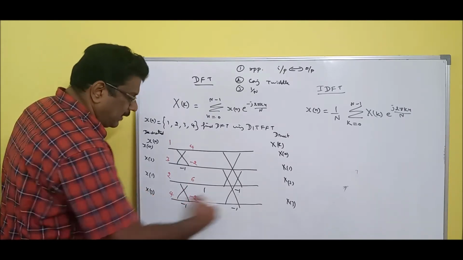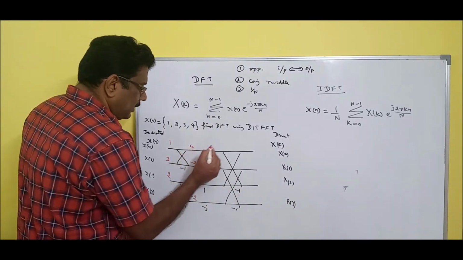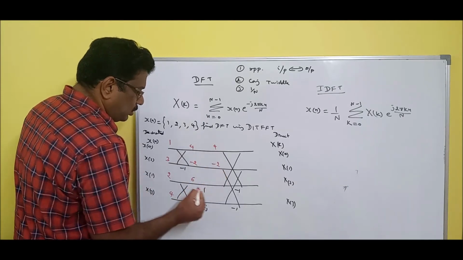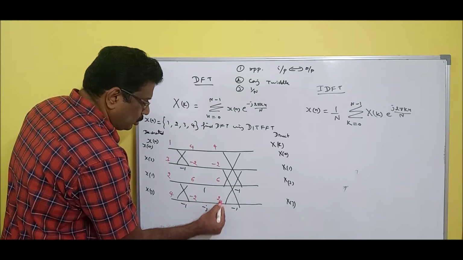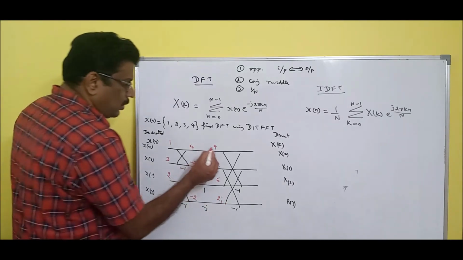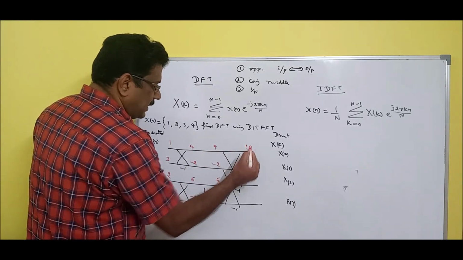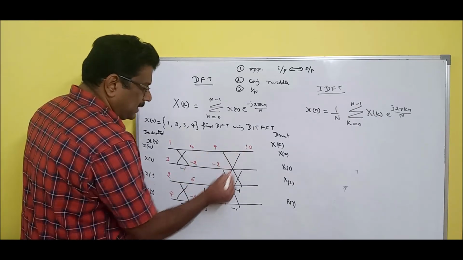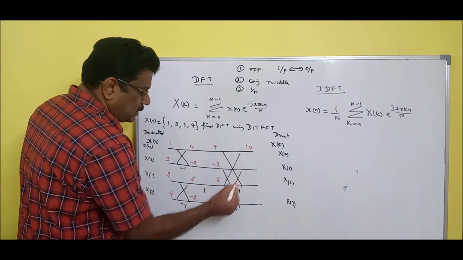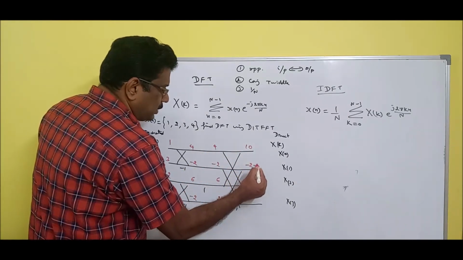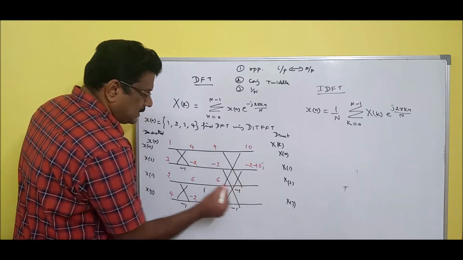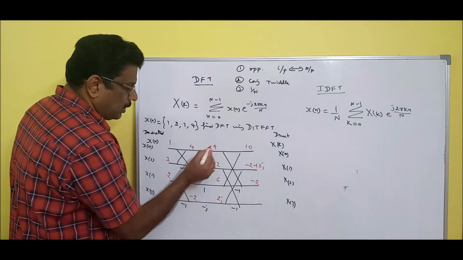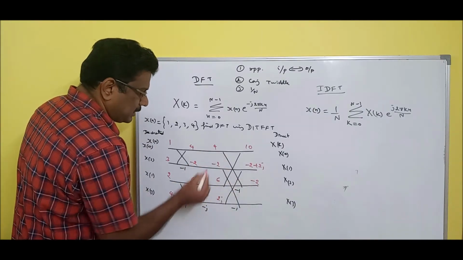On the way, any number that comes, multiply. So 4 minus 2, 6 into 1, 6. Minus into minus, plus 2. Now the last step, 4 plus 6, 10. Minus 2 plus 2j. 4 minus 6, minus 2.